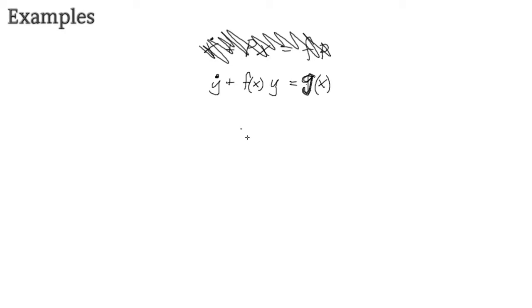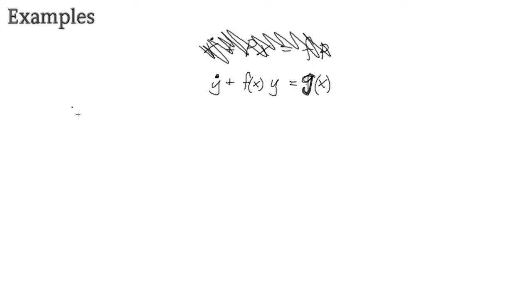So let's try to break that down. First of all, I'll show you the method that you need to know, then I'll run backwards to show you why it works.